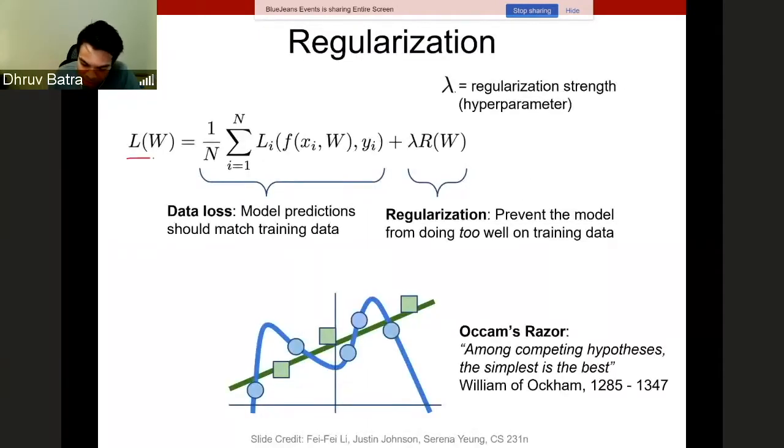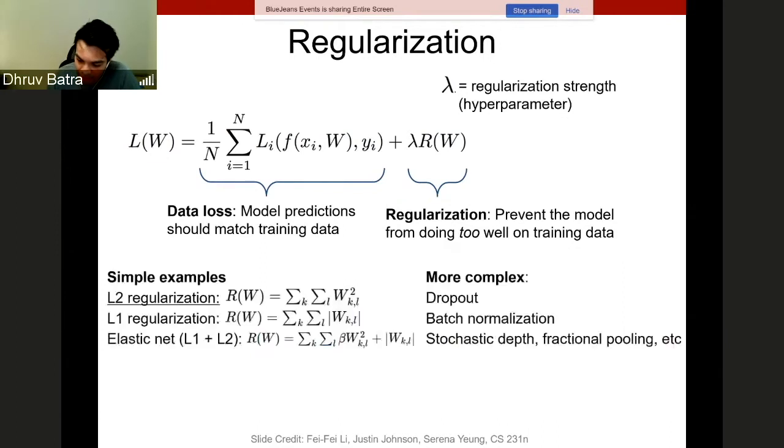Okay, quick recap from last time. We defined a loss function. We talked about a regularizer and how the intuition of a regularizer was to prevent the model from doing too well on the training data. The intuition is coming from Occam's razor, which says that amongst competing hypotheses, we should prefer to pick the simplest, because that may generalize to other things.